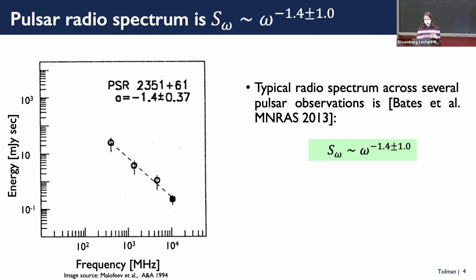There's a lot of scatter in the spectral index across many different pulsars, but this one is sort of an average pulsar. If you look at a set of different pulsar observations and combine them all, you find that a typical spectrum is what's given in the light green box at the right. So this goes like frequency to the -1.4 with a big scatter on top of it. And again, it's not really clear why this spectrum should be as it is.